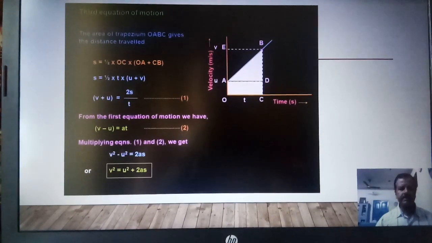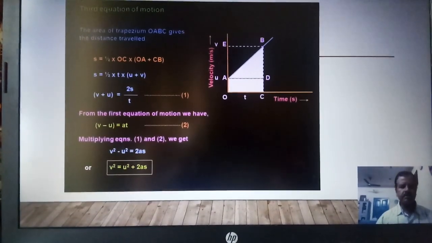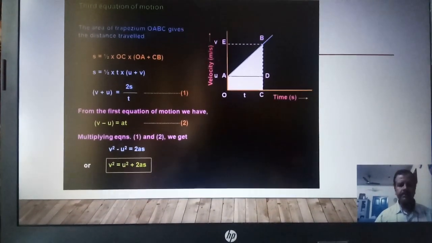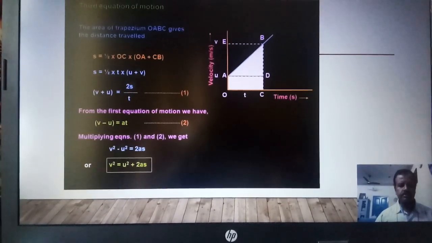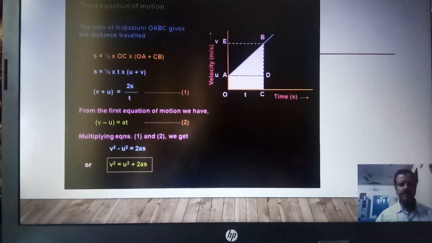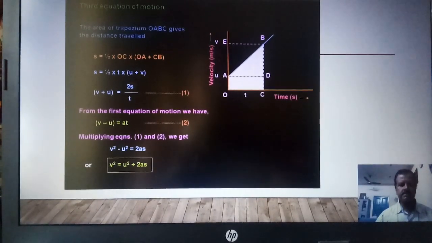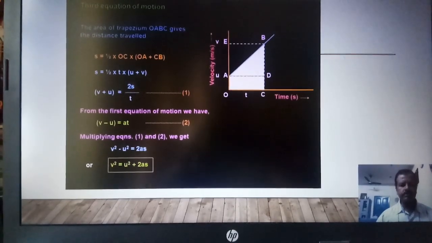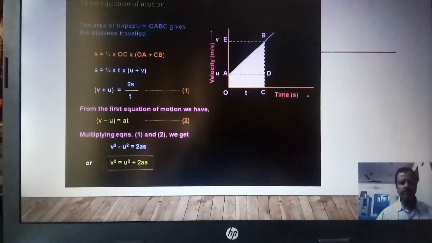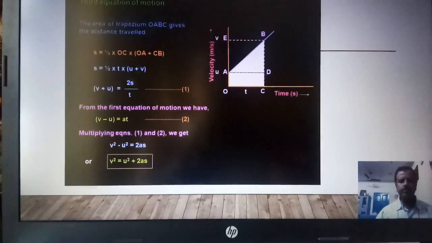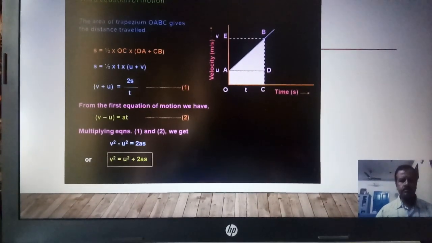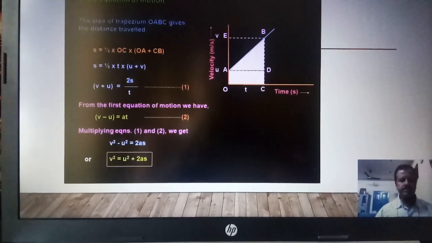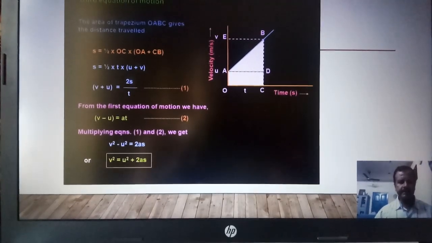Therefore, if you calculate the area of the trapezium, half into the perpendicular height, the perpendicular distance OC, into the sum of the parallel sides OA plus CB, and substitute the actual values, we get s equal to half into t into (u plus v). So u plus v gives us 2s by t.